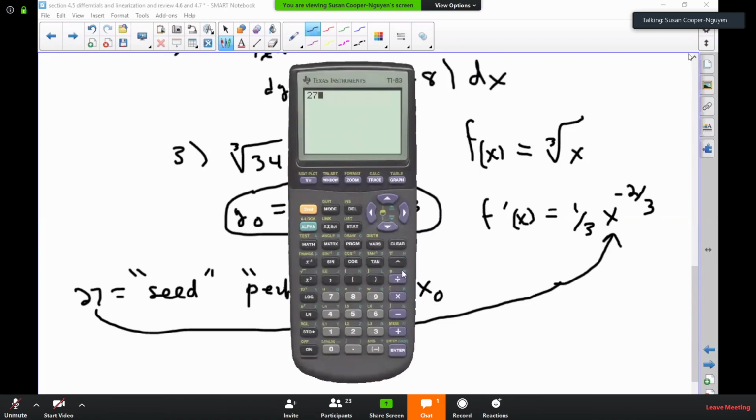So 27 up caret, negative 2/3 is something. And then times by 1/3 is something. And then I'm just going to hit math frac as 1/27. Or I could even keep the decimal part of it.